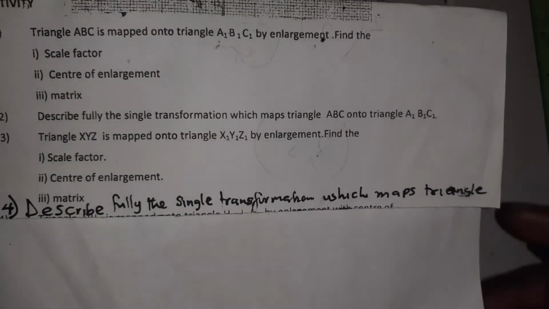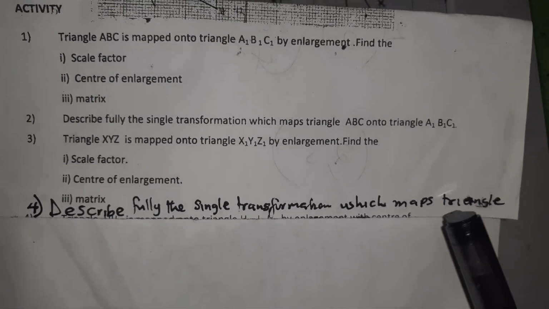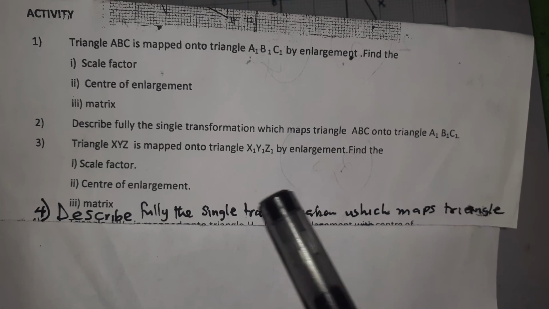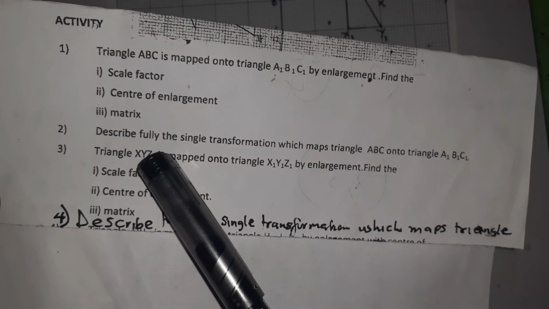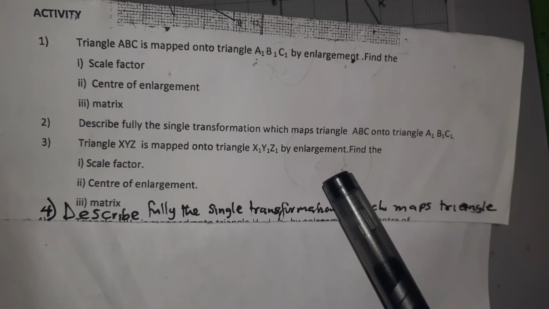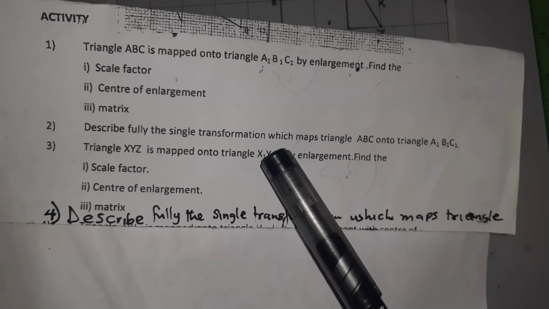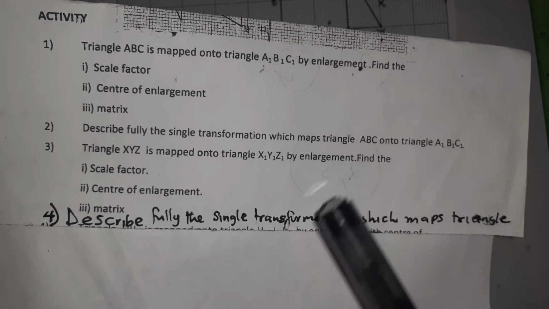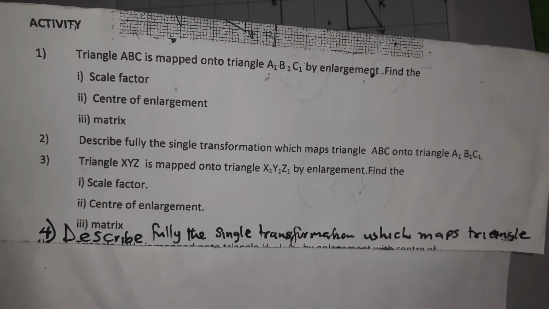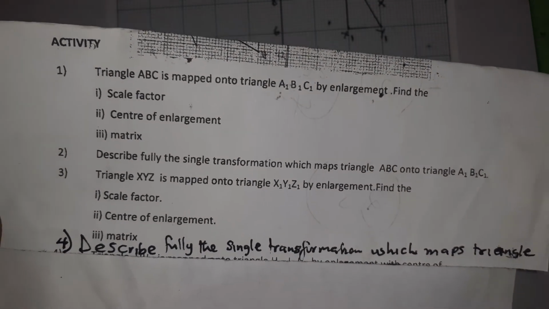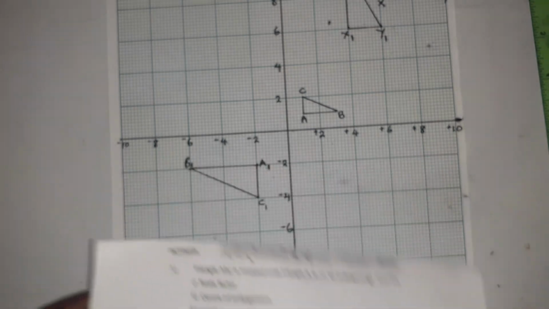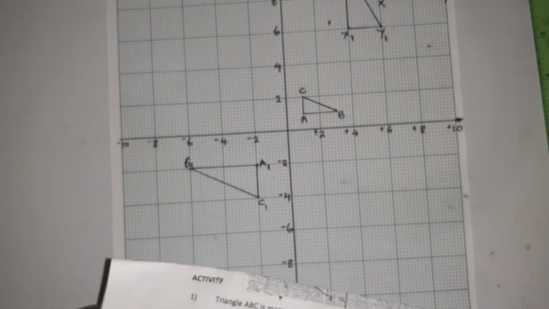The last question here is, which maps triangle XYZ onto X1, Y1, Z1, and that is that. So you are drawing this one, then you answer these questions.